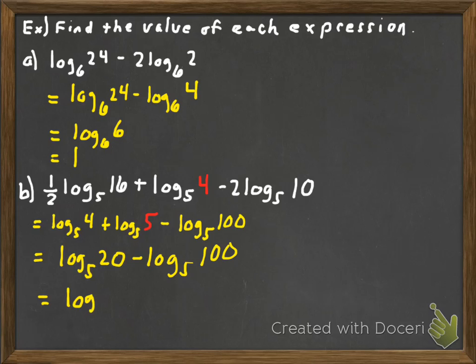And let's go ahead and simplify the fraction that we're going to get right now. You're going to get 20 over 100, right? All right, 20 over 100, and 20 over 100 is the same thing as 1/5. And when you write it as 1/5, now I think you can see the value that we're going to get for the logarithm. What power of 5 gives you 1/5? It'd be -1, wouldn't it? All right, there we go.